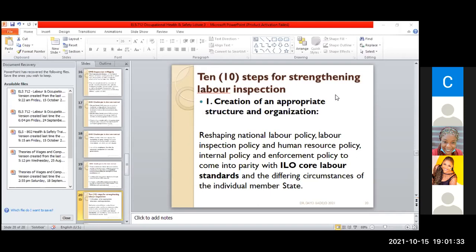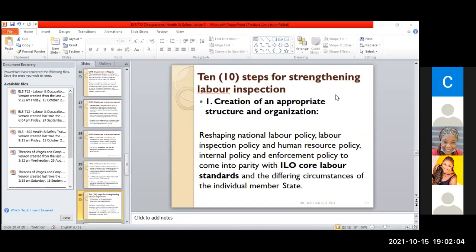That could be more, but I want us to leverage on these 10, probably for the purpose of the exam, to be able to use these points to express the way forward in terms of labor inspection on occupational health and safety issues in Nigeria. It is something that is applicable. We can leverage on them to better the lot of our inspection units. But definitely something is wrong that we are not doing properly.